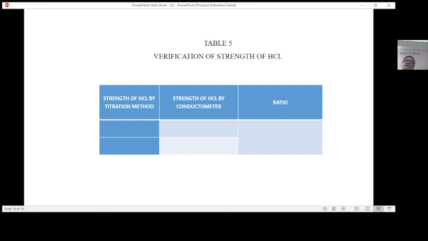The concentration of HCl from titration and from conductometric titration is the same. We have to verify whether these two are same or different. If it is 1, you can see what you have done. So this is a good experiment to get 100% accuracy.